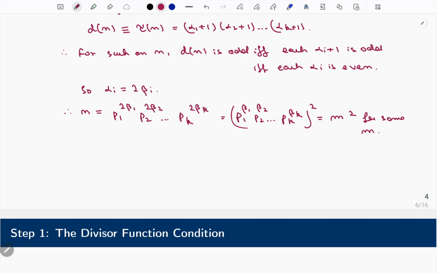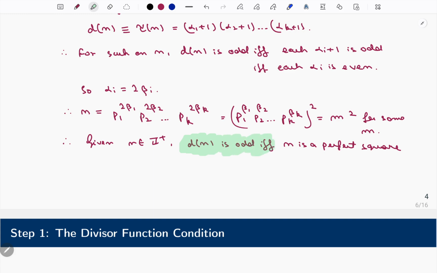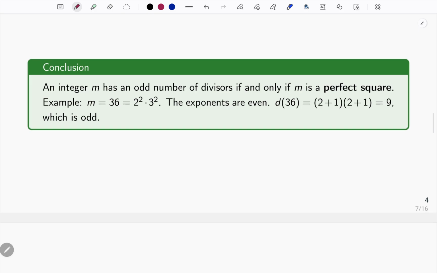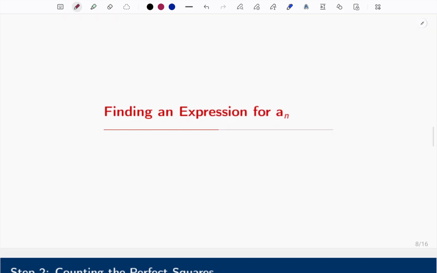So what we conclude is that given n in the positive integers, d_n is odd if and only if n is a perfect square. That's exactly what we required. So an integer m has an odd number of divisors if and only if m is a perfect square. And this is a very simple example given to us.